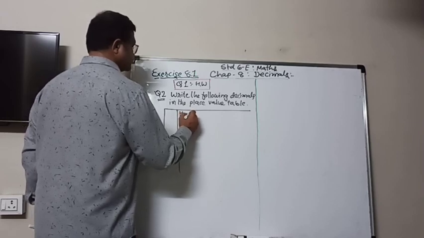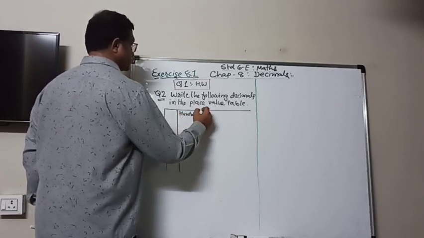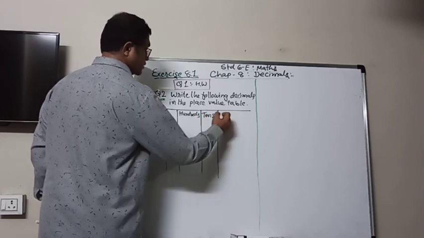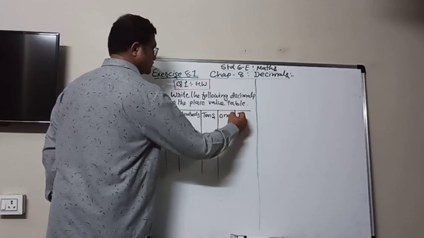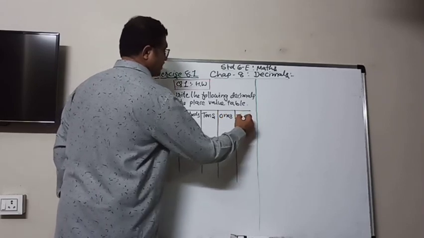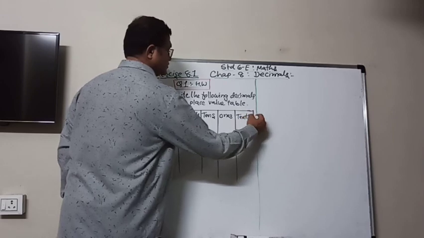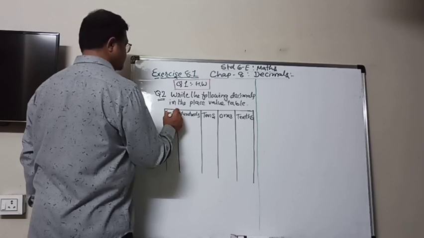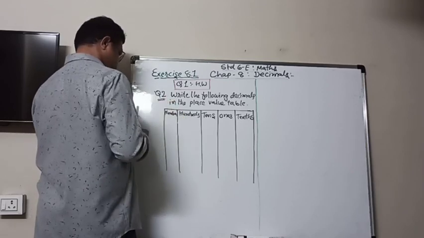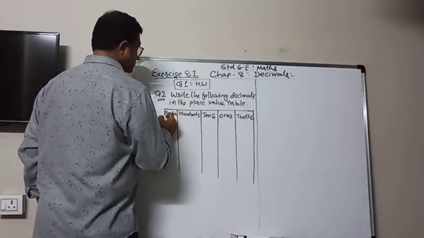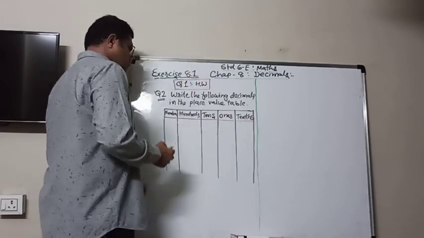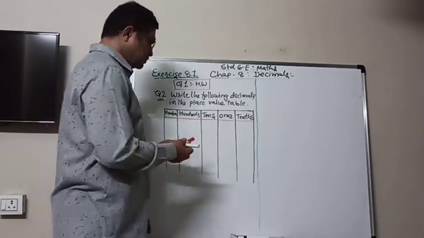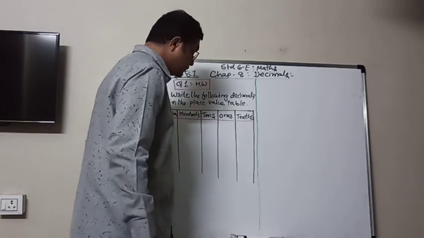Then hundreds, tens, ones, and then tenths. And here is the given number. So now we will take the numbers one by one and write them down using the place value table.